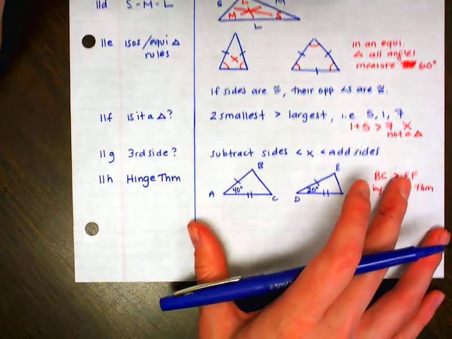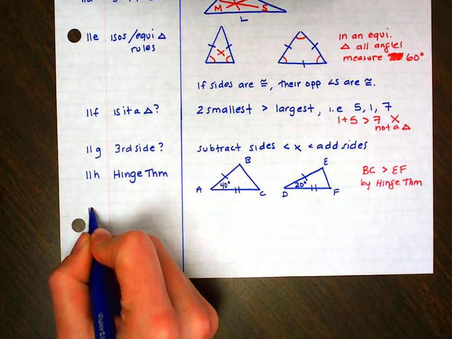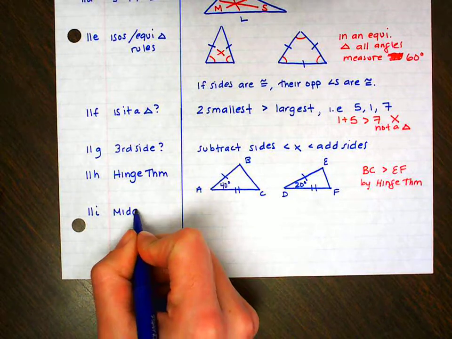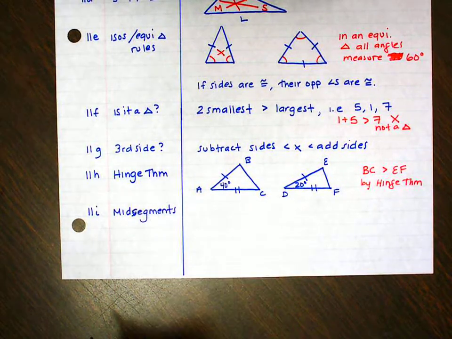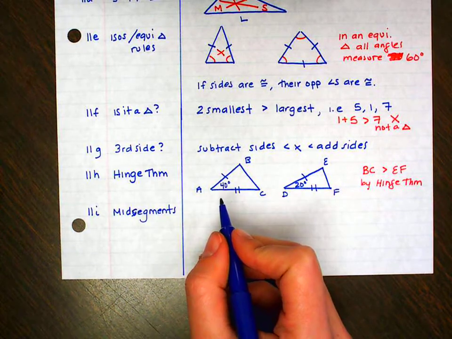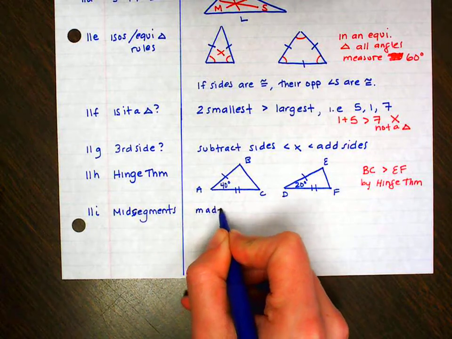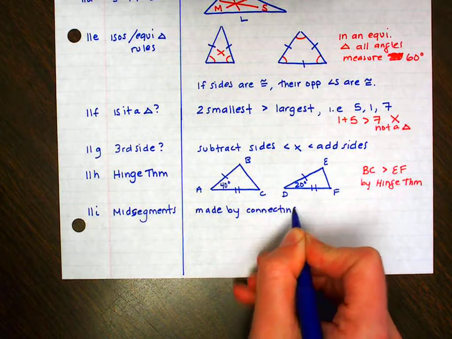11I is all about mid-segments. Oopsies. Mid-segments. We have two rules about mid-segments. But first, let's figure out what they are. So a mid-segment is made by connecting two midpoints.